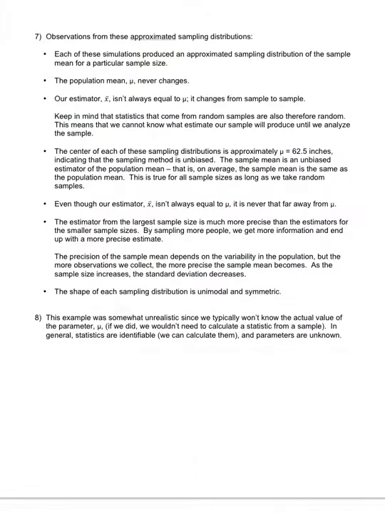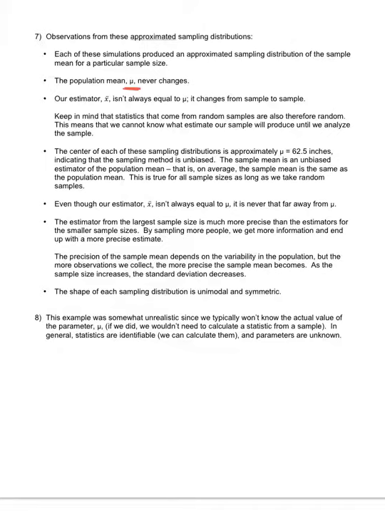So now, let's summarize what we've been learning about X bar and how it behaves. Each of these simulations produced an approximated sampling distribution of the sample mean for a particular sample size. What we know for sure is the population mu, it never changes. That's what we found right at the beginning, 62.5.